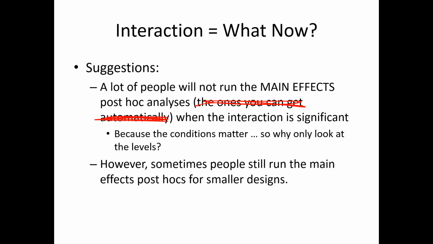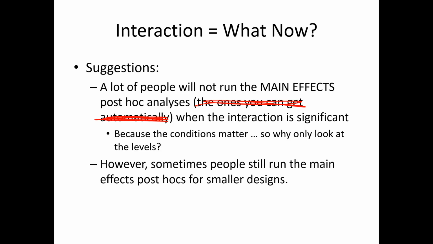Now, the super important thing to realize is that you do not run post hoc tests in any form on a main effect that only has 2 levels. Because remember that ANOVA equals t-test squared with only 2 levels.